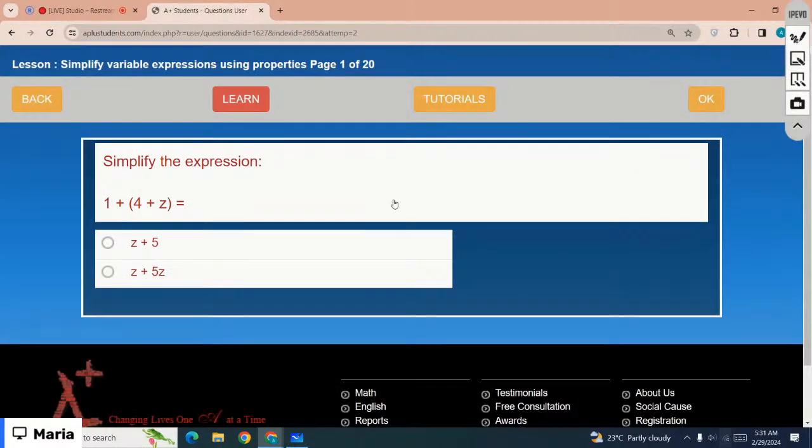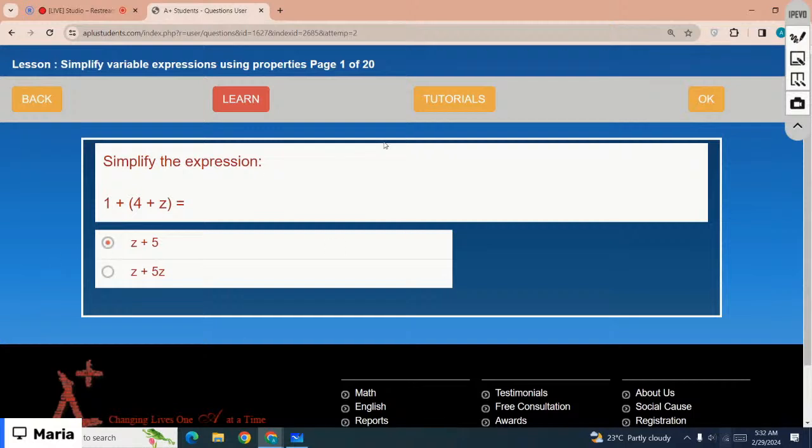Okay, 1 plus 4 plus z. So which is the correct option? That is z plus 5.